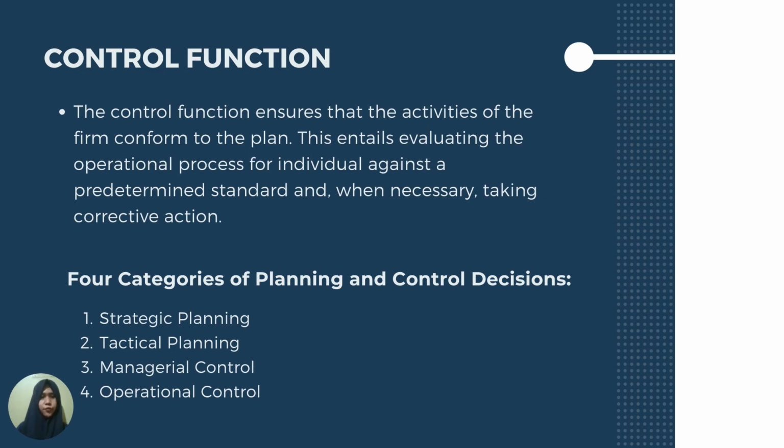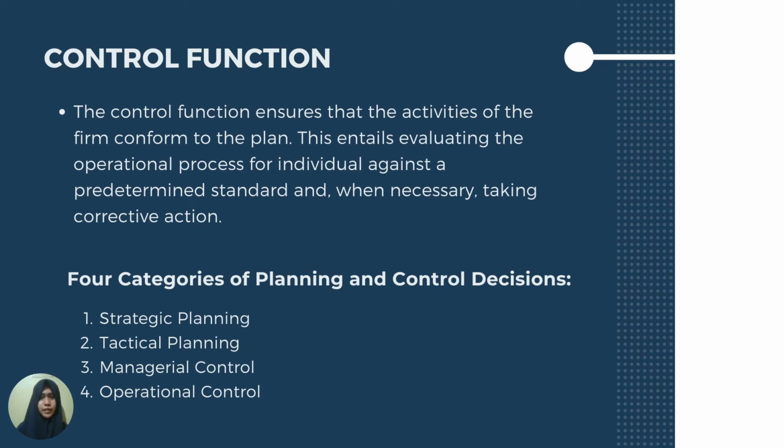So we have here 4 categories of planning and control decisions. We have strategic planning, tactical planning, managerial control, and operational control. Strategic planning is usually implemented by the top level managers, and these are the board of directors, president, vice president, CEOs, and many more. So in short, these are implemented by the big bosses.